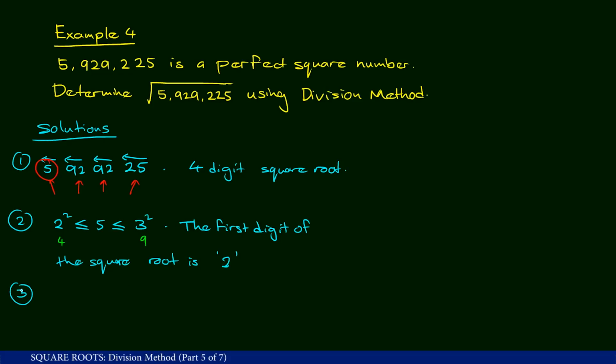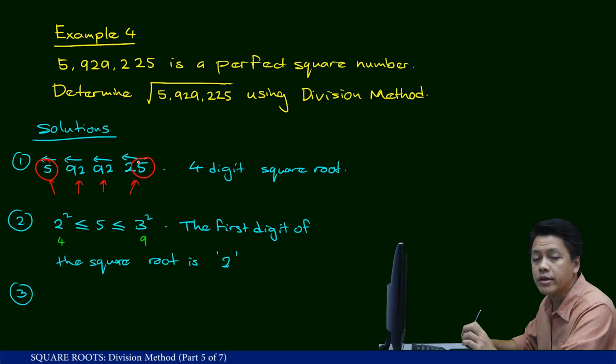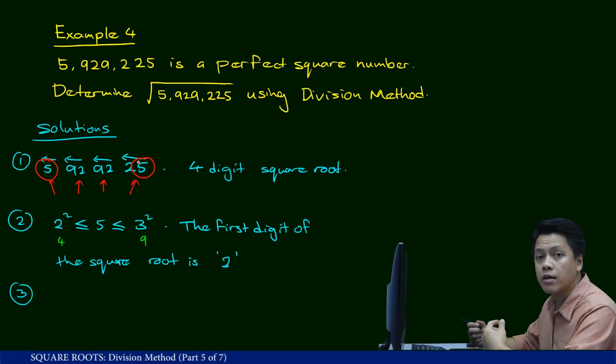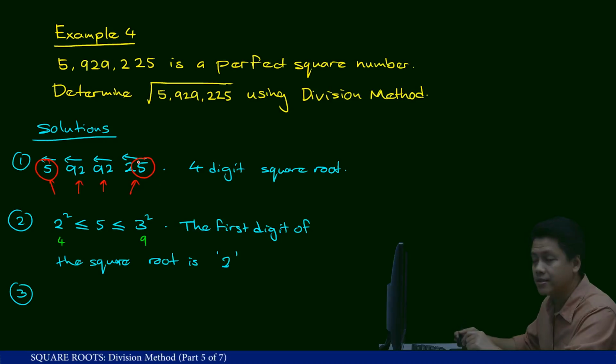Okay, what is the third thing? Take a look at the last digit. The last digit is 5. That means the last digit of the square root is also 5, because it's only 5 that, when you square it, becomes 5 as the last digit.